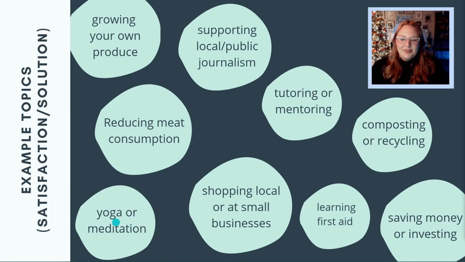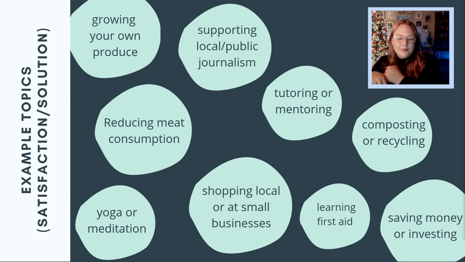Or we see something like, again, reducing meat consumption. What if that is our final satisfaction or solution? We'll need to work backwards. What problem does reducing meat consumption solve? That would solve lots of water waste. You know how much water it takes to get a pound of beef? It's crazy.